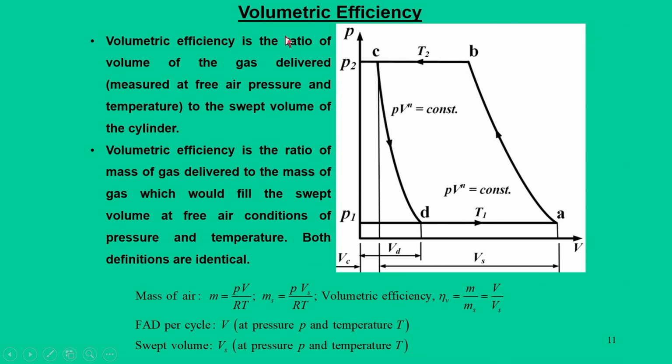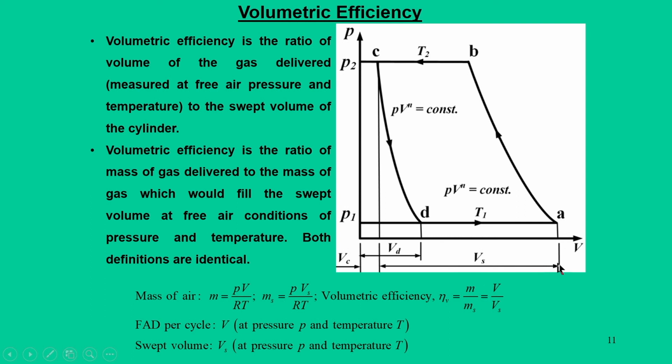And now to quantify this clearance volume, we define a term called volumetric efficiency. In fact, there are two definitions, one in the form of mass, the other in the form of volume. So, the volumetric efficiency is the ratio of the volume of the gas delivered, measured at free air pressure and temperature, to the swept volume of the cylinder.